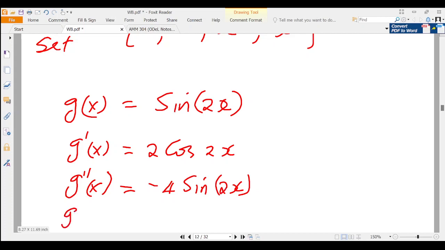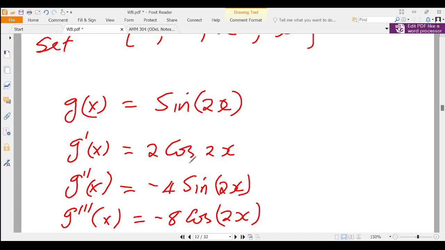You differentiate again, the third derivative, and you get minus 8 cosine of 2x. So basically, when we differentiate a cosine, we get a sine. When we differentiate a sine, we get a cosine. So by differentiating the sine function, we'll get a cosine function. Differentiating the cosine, we get the sine function.